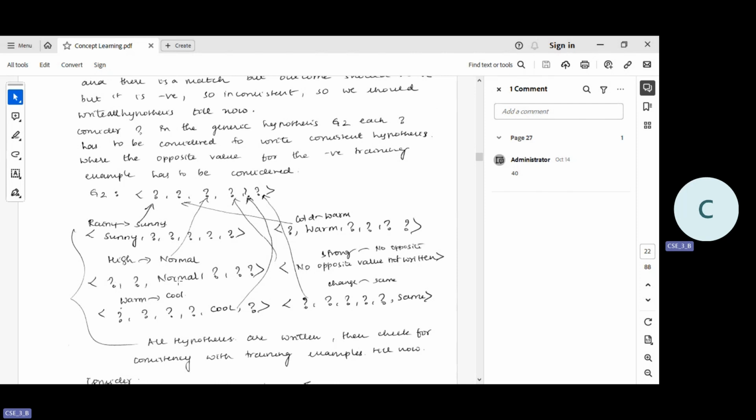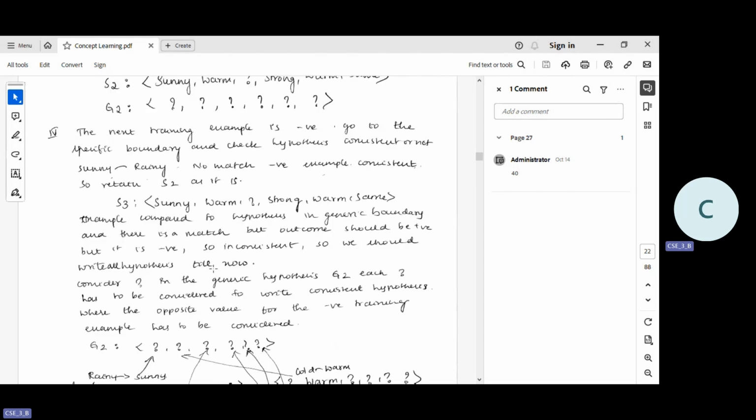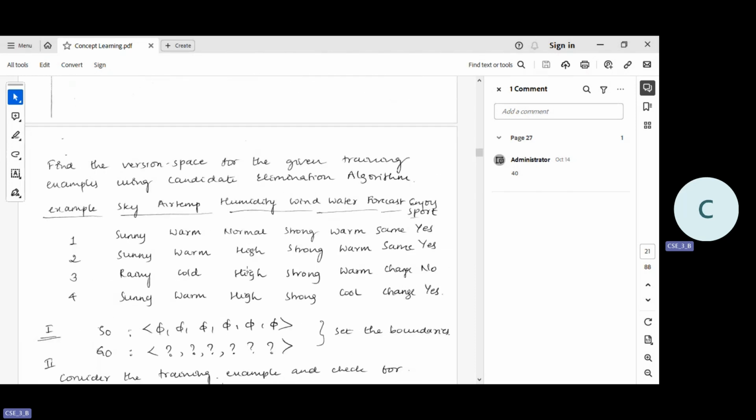In the training example, we have the attribute value high, so we replace it with its opposite, normal. We can see it in the data set: the opposite of high is normal, similarly for cold it is warm, and for rainy it is sunny.